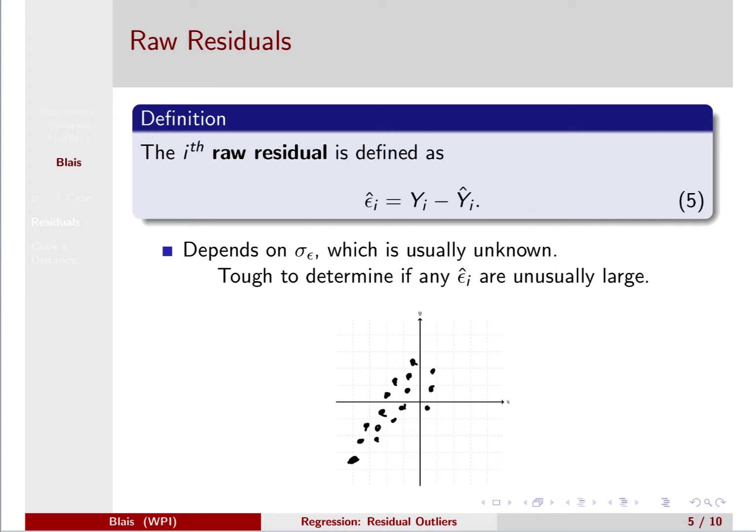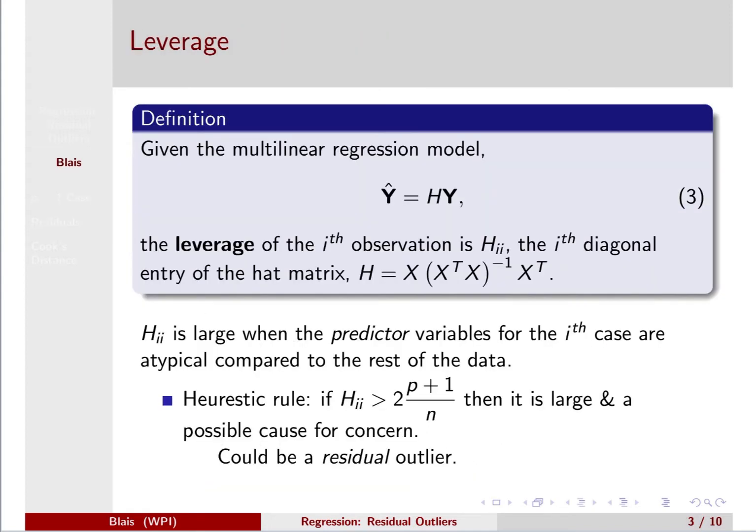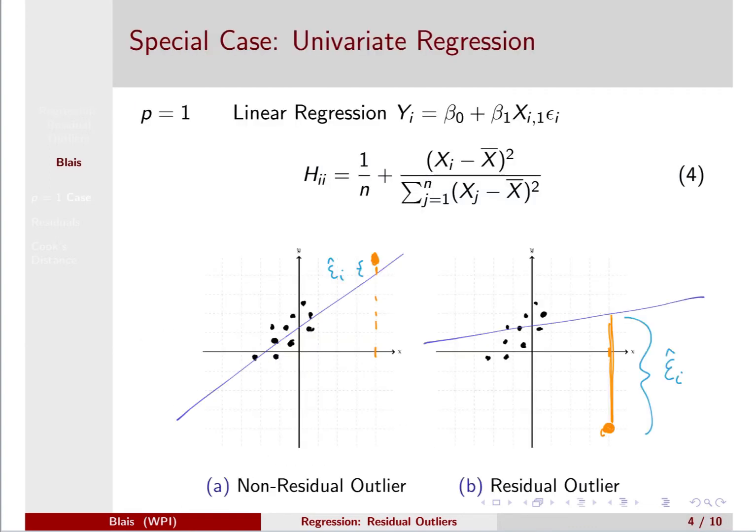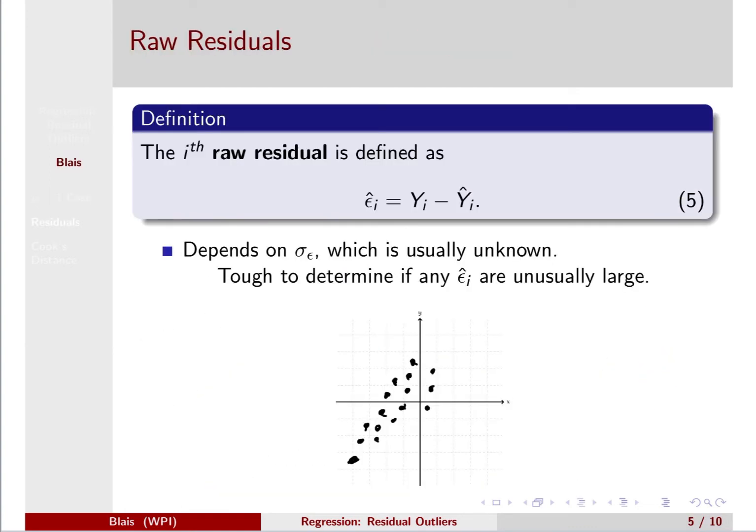Now, one catch here is we want to think of epsilon i hat as an estimator for the ith white noise term. So recall, in our regression model, we're adding on this ith noise term, and that epsilon i hat is an estimator for that term.